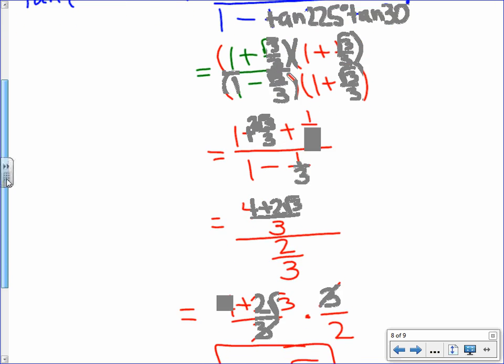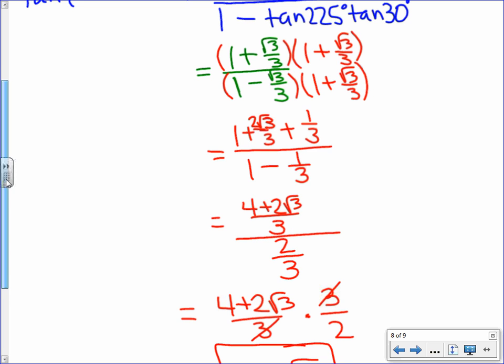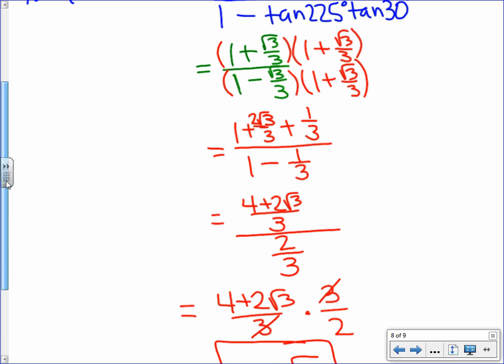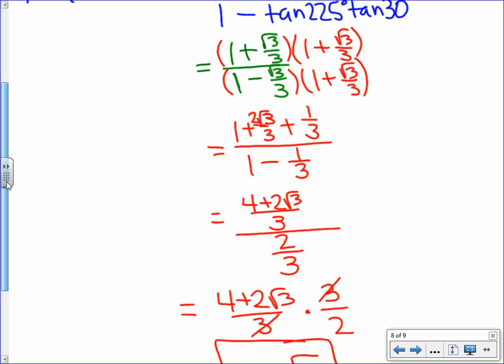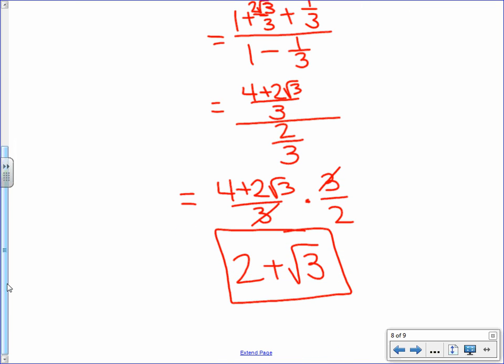Using the tangent of 30 degrees created a little bit more work because of that fraction. When you can, try to use the tangent of 60 degrees because it's not a fraction. Is it bad to use the tangent of 30 degrees? No. But if there's a way for you to use tangent of 60 degrees, it'll be less work for you.